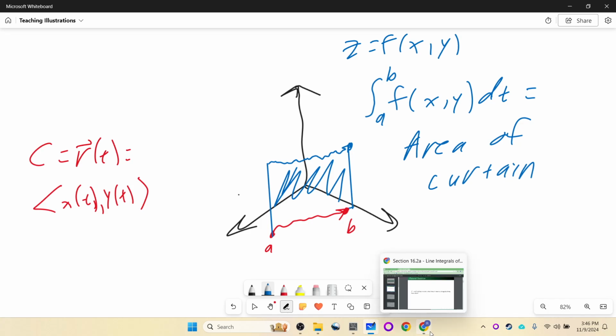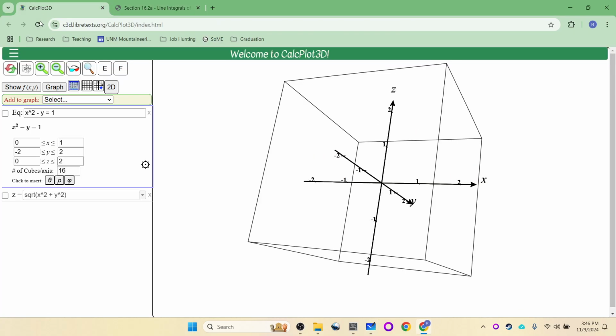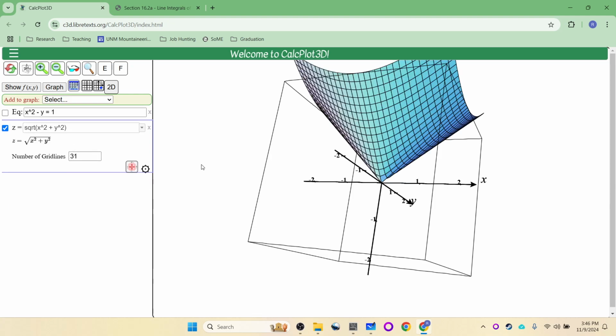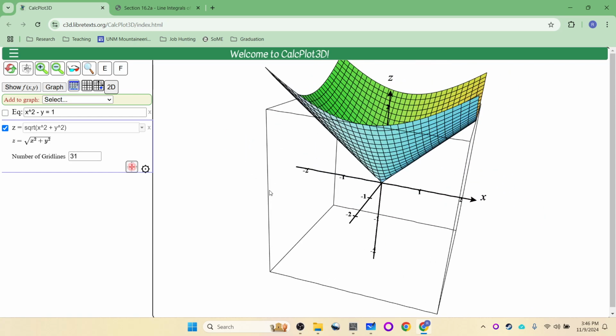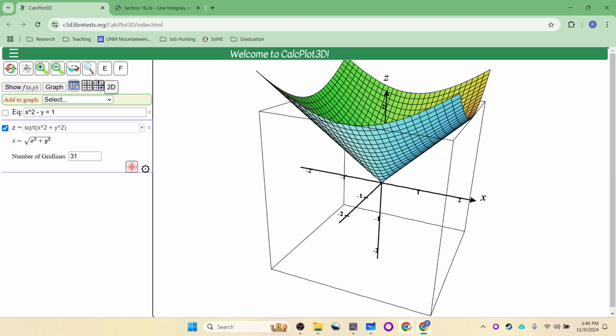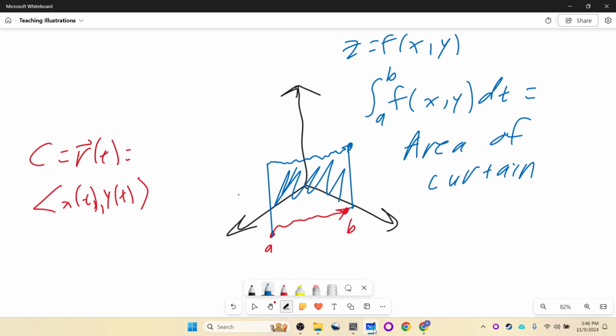Let's do a graph of this to get an idea. Let's do a calc plot. So let's say we have, this is our function, z equals square root of x squared plus y squared. So we get a cone here. And the path we are given, let me write it out. It's not in the notes, we can add it in here. z equals square root x squared plus y squared.